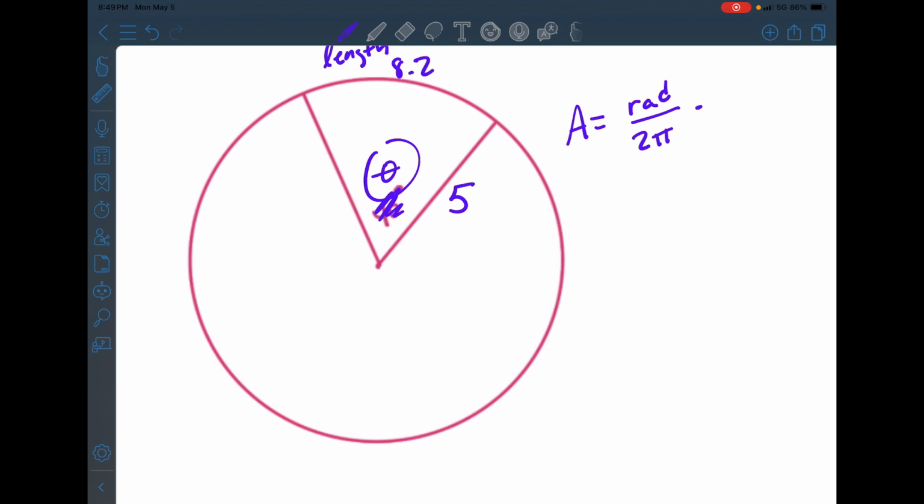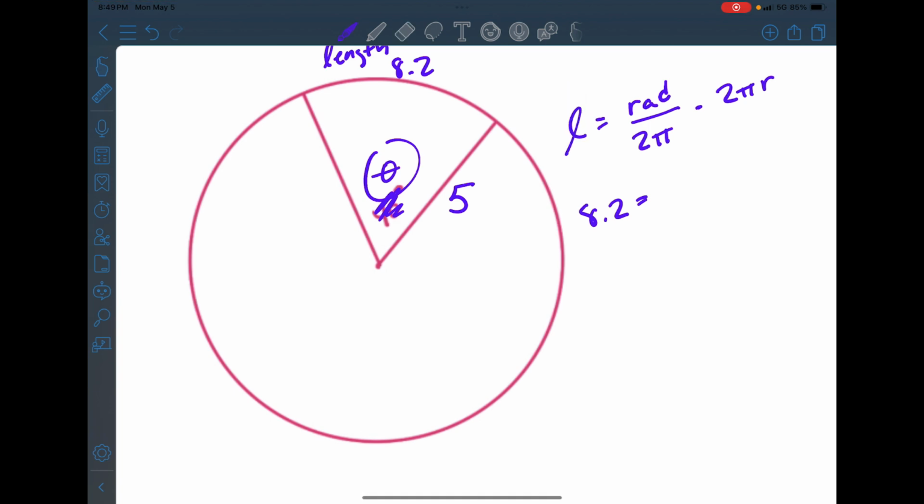And then arc length over 2 pi r. Because the arc length has to do with the circumference, and that's 2 pi r, not pi r squared. All right, we're going to plug in what we have. We don't have the radians, but we do have the arc length. And this should be length, not area, okay?